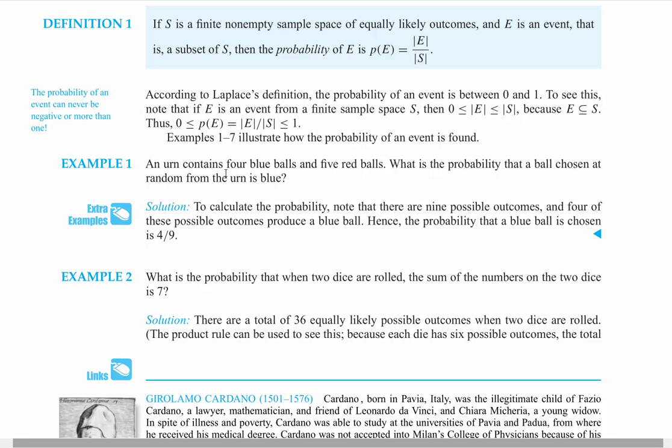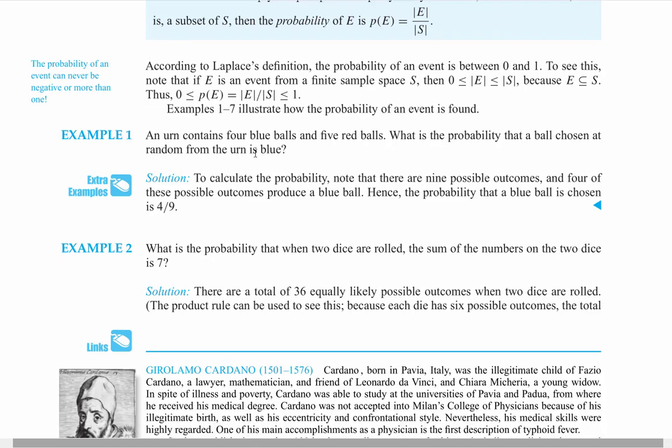Alright, so the experiment is picking a ball out of this urn. There are nine balls, so there are nine outcomes. So the sample space is size 9. We're interested in choosing a blue one, and there are four ways that can happen.